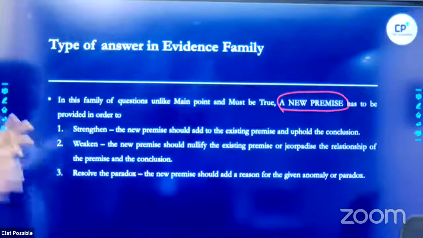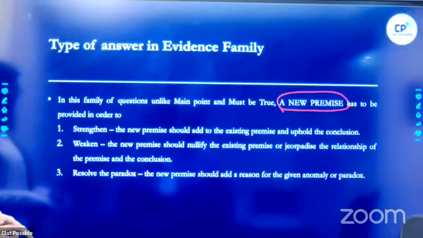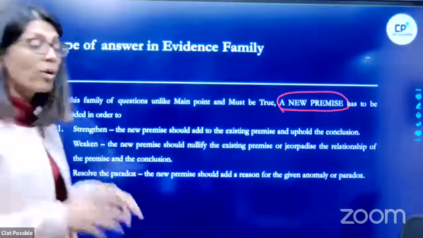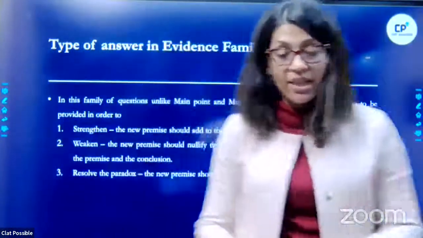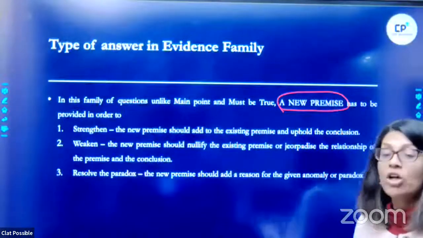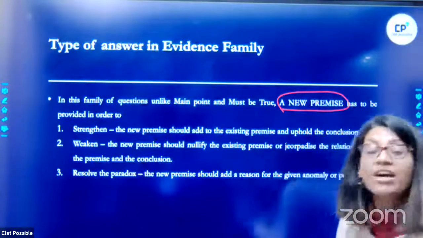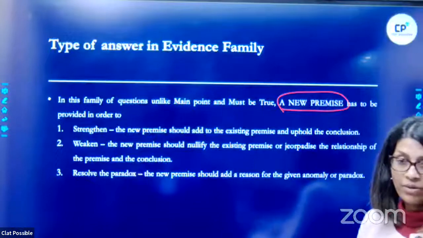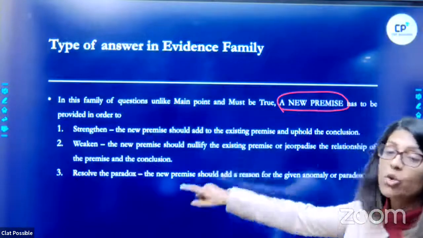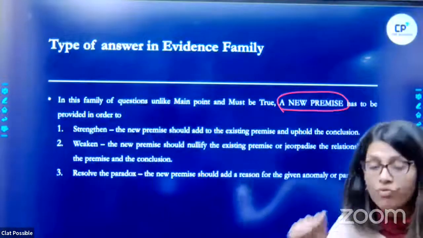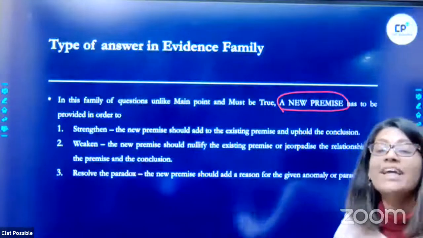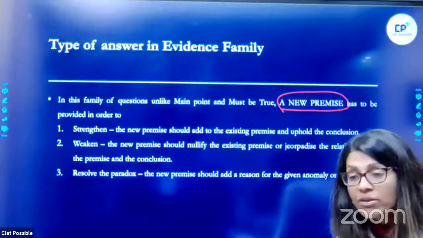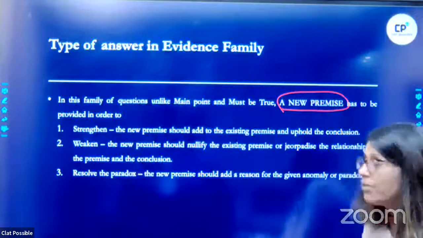So you have to give new information. When you have to strengthen, the new information should add on to the existing information. The author strengthens the conclusion by giving a reason. You have to give one more reason. To weaken it, you have to show that the author's reason is faulty. You can provide another new reason to cancel it, right?